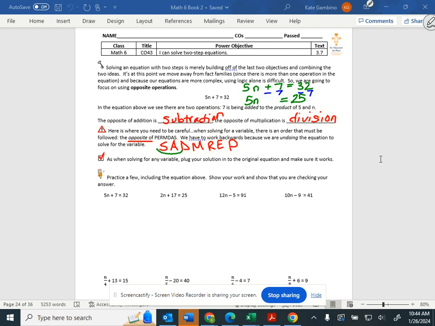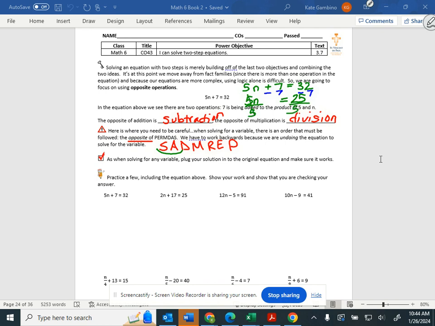What's the operation that's happening in that equation? 5n equals 25. Yeah, multiplying. 5n is multiplying. What's the opposite? Divide. So we need to divide both sides by 5.